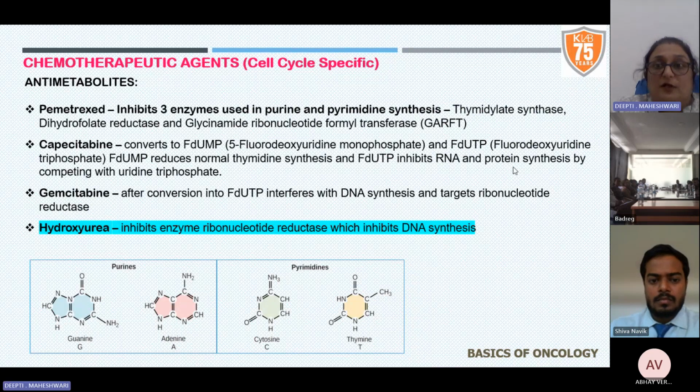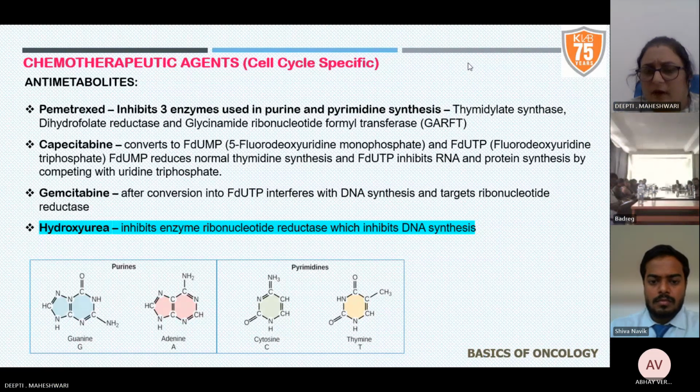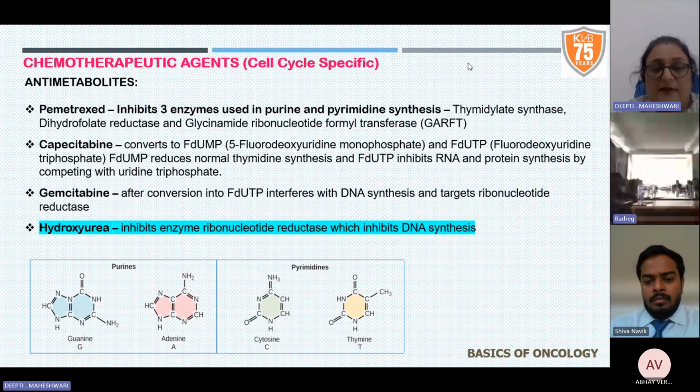Now, hydroxyurea basically inhibits an enzyme called ribonucleotide reductase, which inhibits DNA synthesis. As I told you, there are so many enzymes which are required for DNA synthesis. One of the enzymes required is ribonucleotide reductase for DNA synthesis to take place.